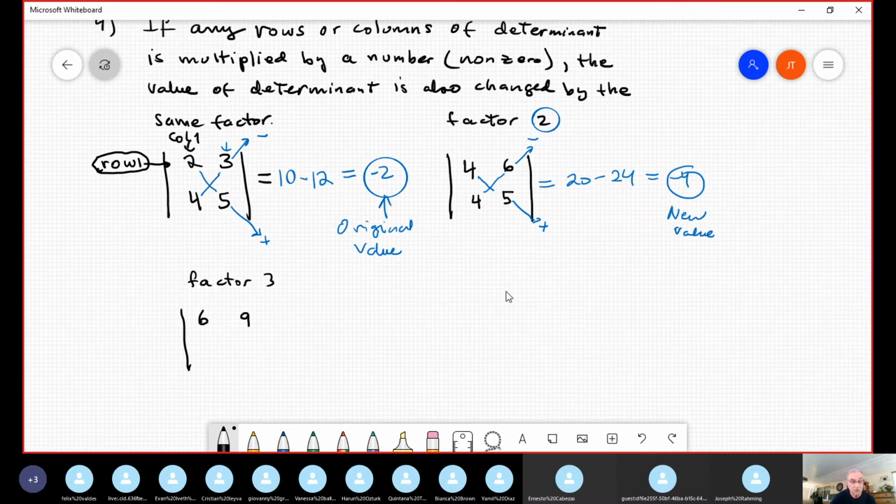No, sorry. Column 1. So it's 12 here. And the rest stay the same. Okay? 3 and 5 stay the same. So the thing I did was, I multiply the column 1, which is this, by factor 3. I don't know, hypothetical. I assume a factor 3.